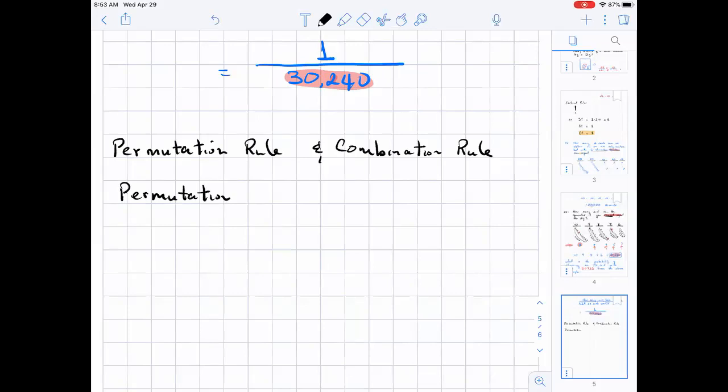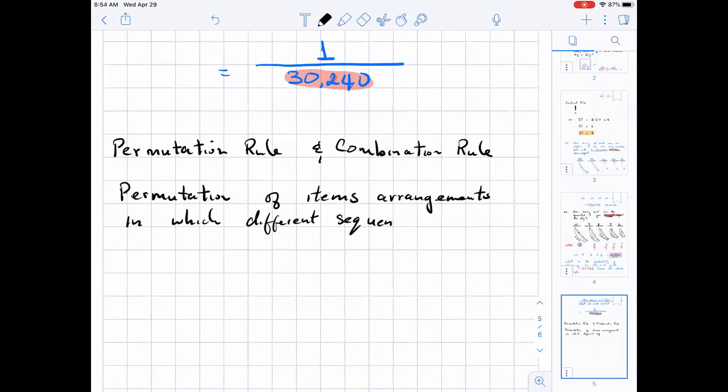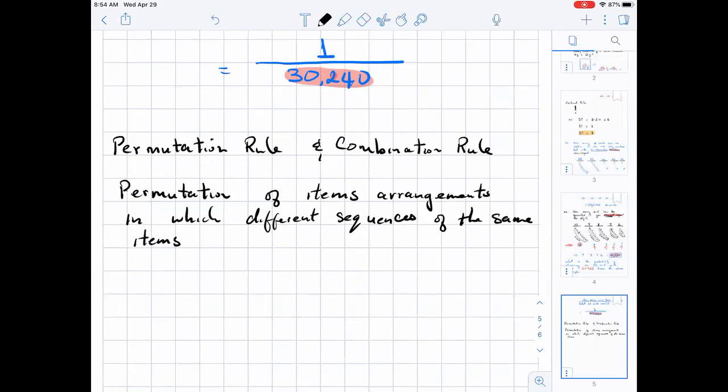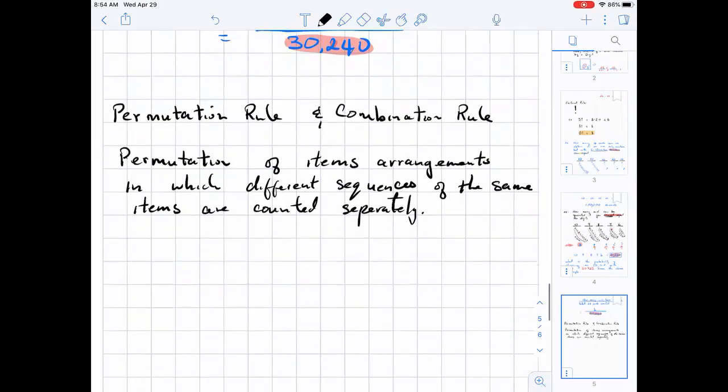A permutation of items is an arrangement in which different sequences of the same items are counted separately. So what do we mean by that?